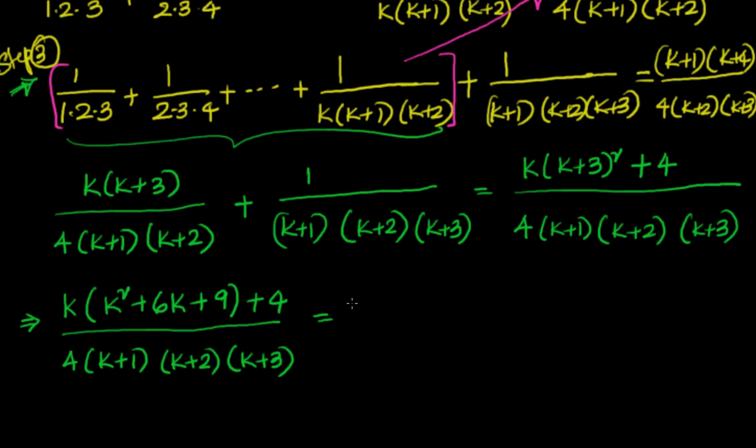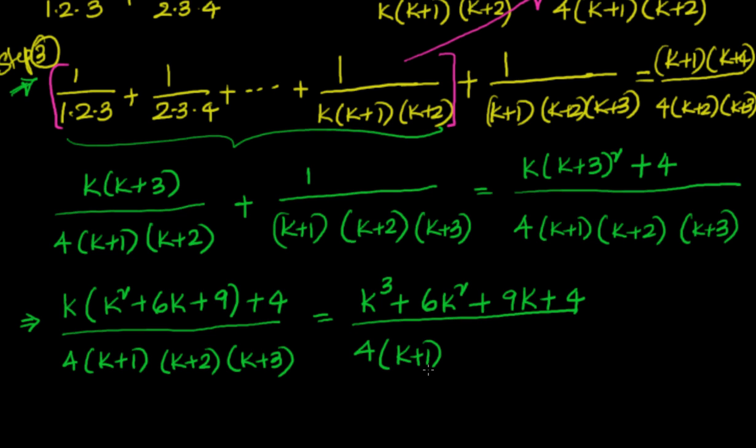This is nothing but equal to k cube plus 6k square plus 9k plus 4 divided by 4 into (k plus 1) into (k plus 2) into (k plus 3).